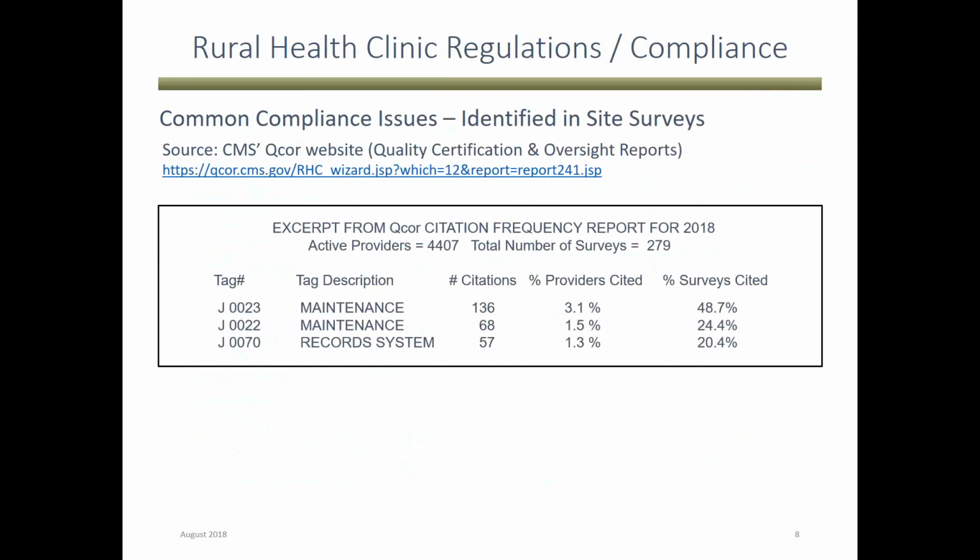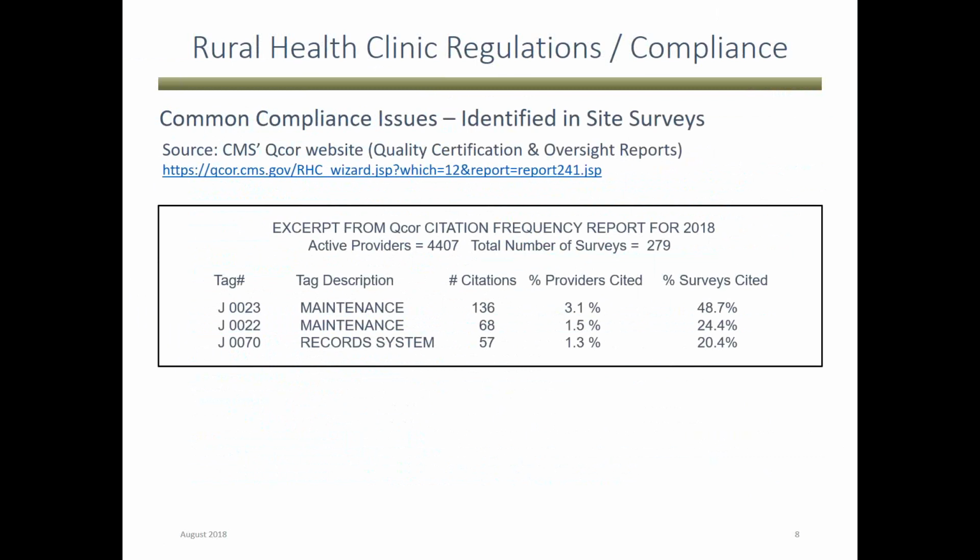But during the year, there were 279. And what you are seeing in the table there are the three most common citations for 2018 that have been recorded. There's a tag number, we'll reference that in a moment. The description is maintenance. Again, that is somewhat cryptic. We'll go into that. So the number of citations under this tag number 0023 were 136.